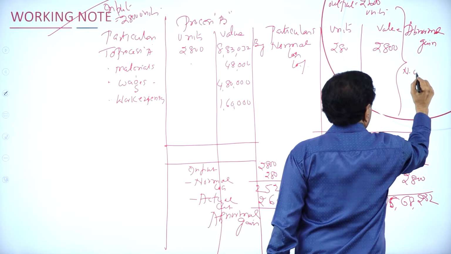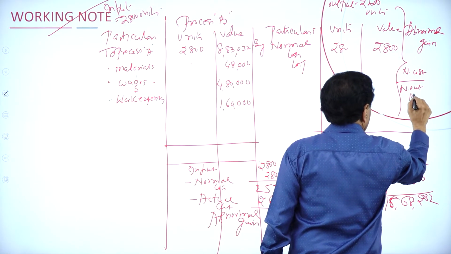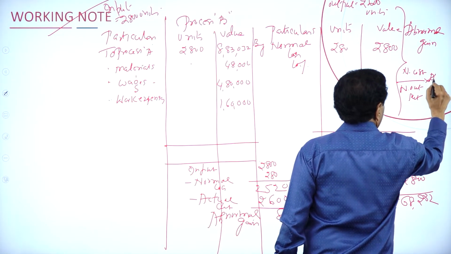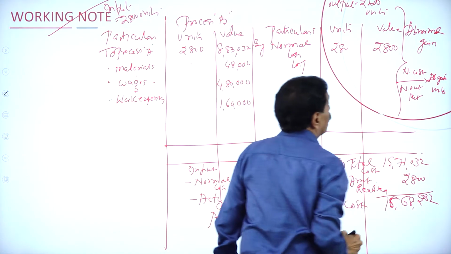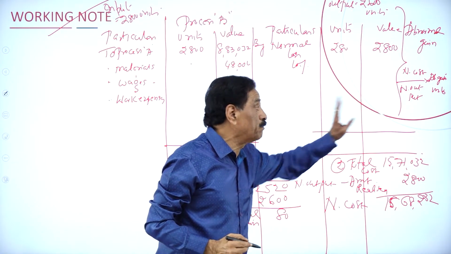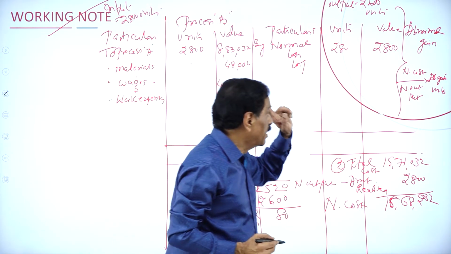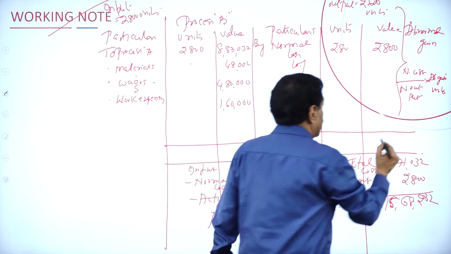What's your formula? Normal cost divided by normal output multiplied by abnormal gain units.